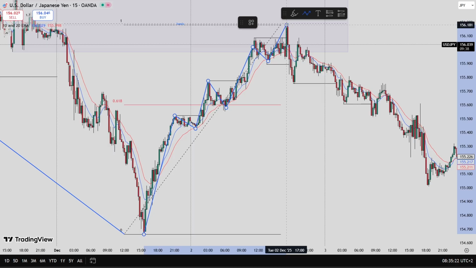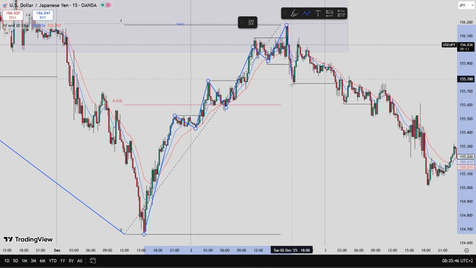So essentially, on the 15 minutes time frame, the market is in an uptrend, but on the 4-hour time frame, the market is in a downtrend. So what I'm essentially looking for is what we call a time frame alignment, in which the 4-hour and the 15 minutes time frame need to signal a bearish market structure.